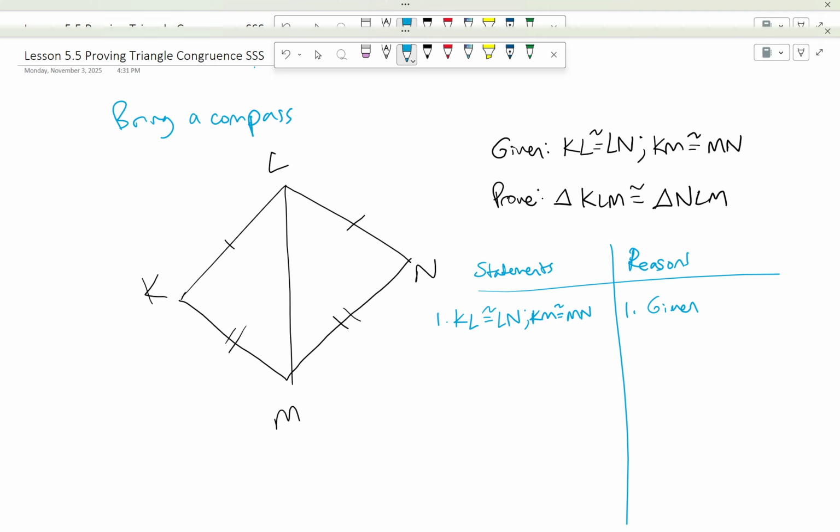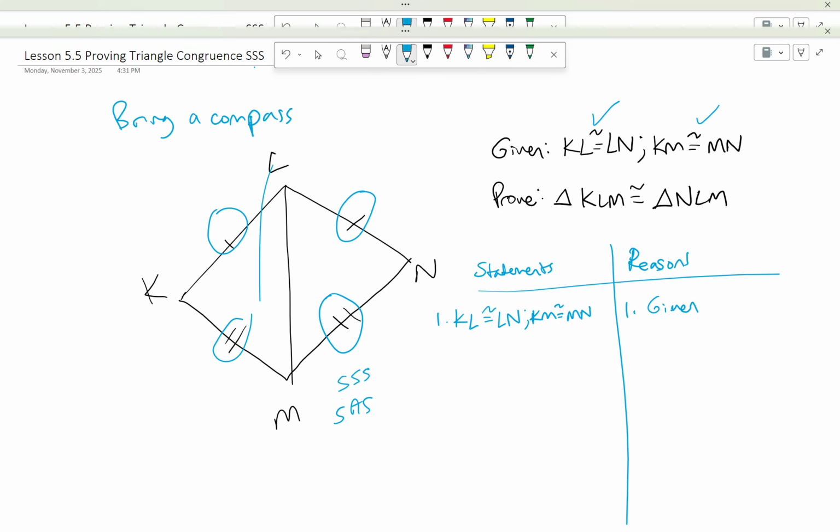We're going to use either SSS or SAS. To start, we had this guy and this guy, and then this guy and this guy, so it's two sets of sides. So we either need an included angle or just that third side proving congruent.